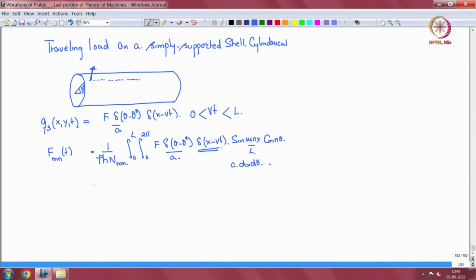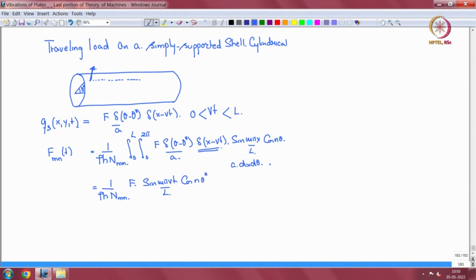So now this is 1 over rho h N mn, F sin m pi Vt by L, cos n theta star.